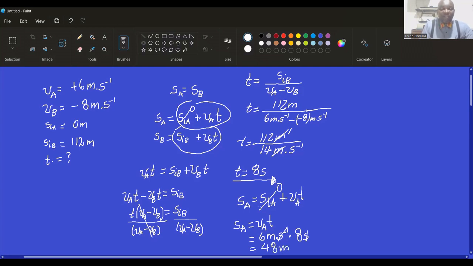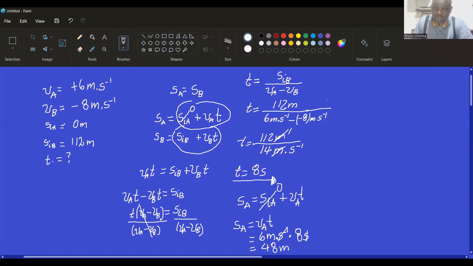We can confirm that. Will it be in the same position? Remember, this is position. So let's check using the same equation now for cyclist B. Cyclist B's position will be given by the initial position S sub iB plus the velocity of cyclist B multiplied by the time.